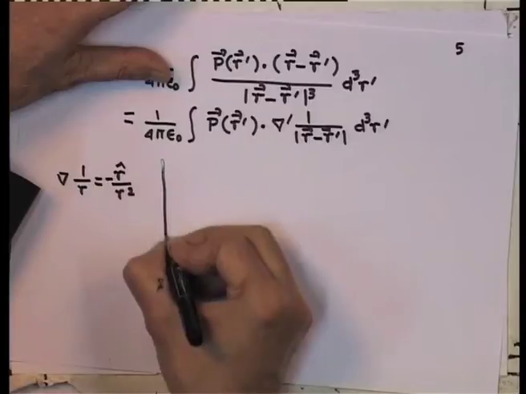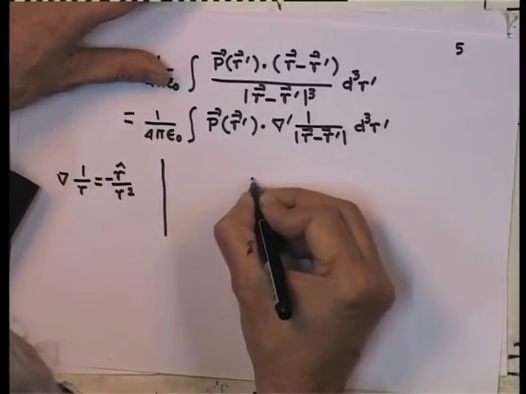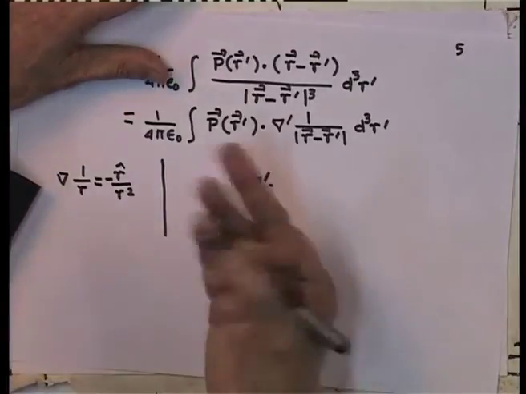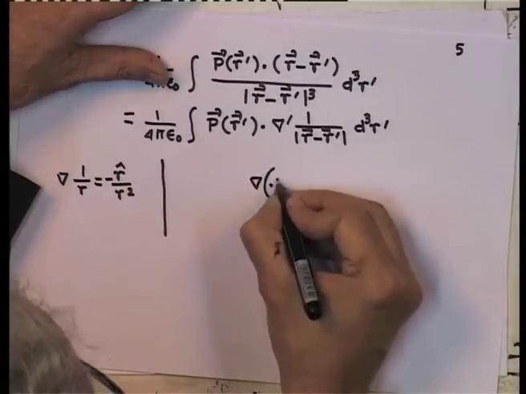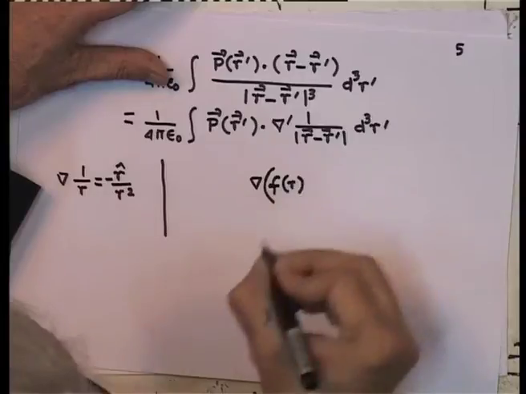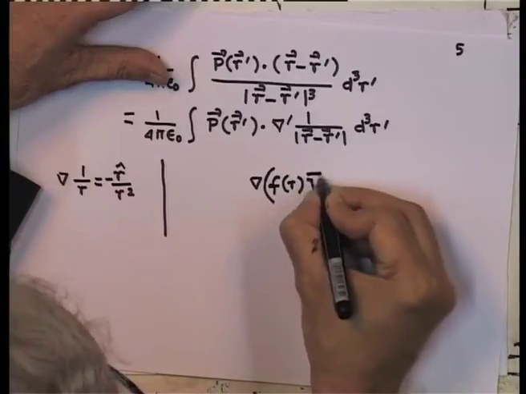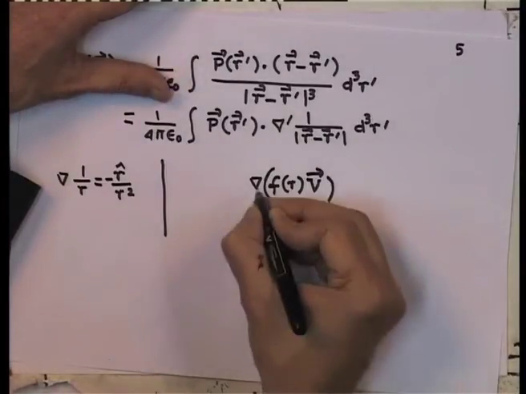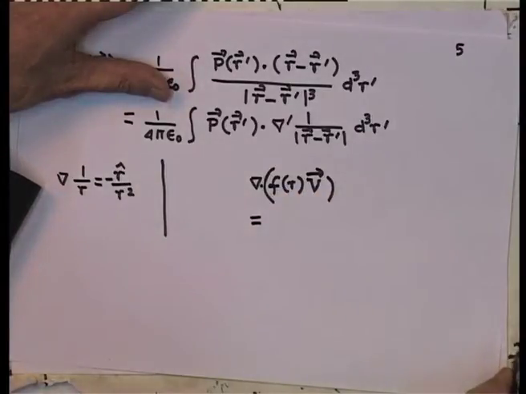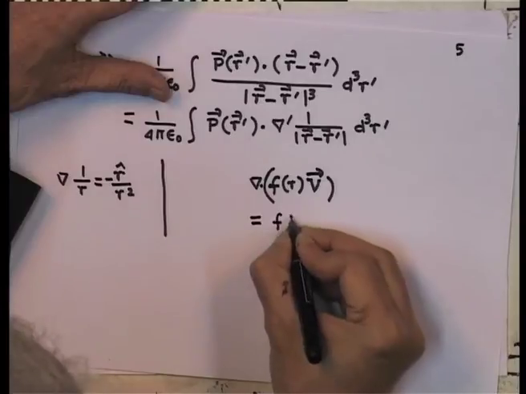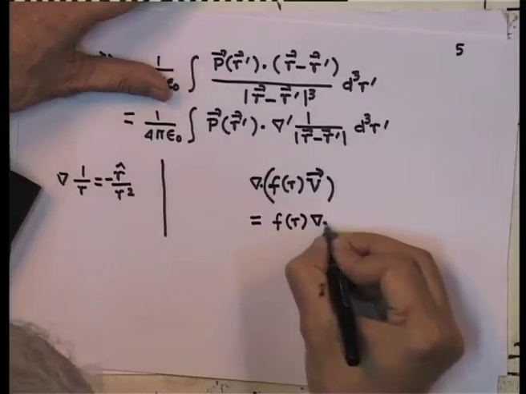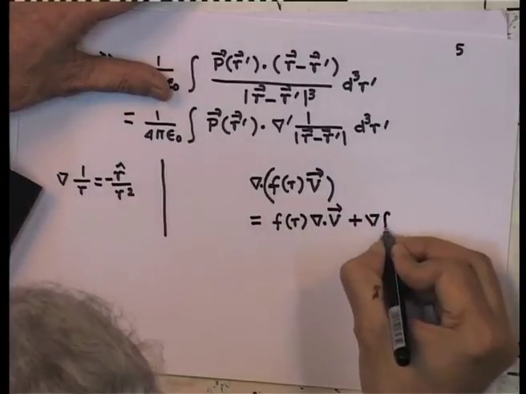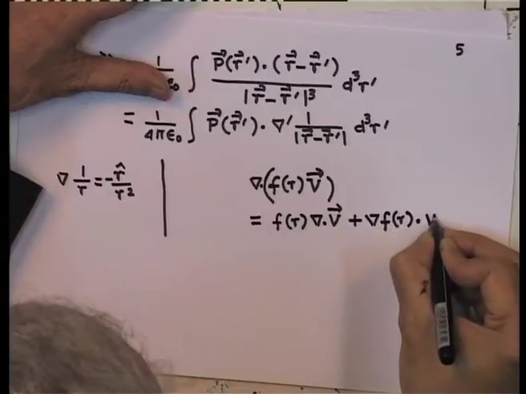We know that if we write down del dot, actually any del dot, supposing we write down del dot of a scalar times a vector, let me write a vector v, the result of this, the divergence of this, is the scalar function times the divergence of the vector function plus the gradient of the scalar function dotted with the vector function.